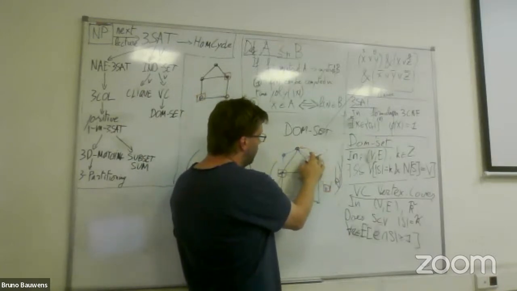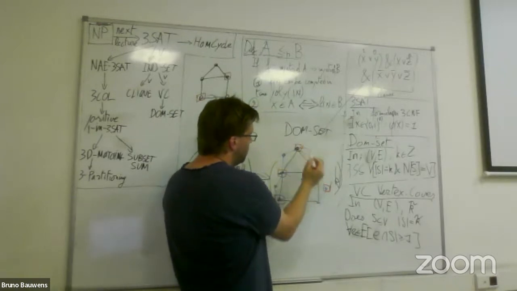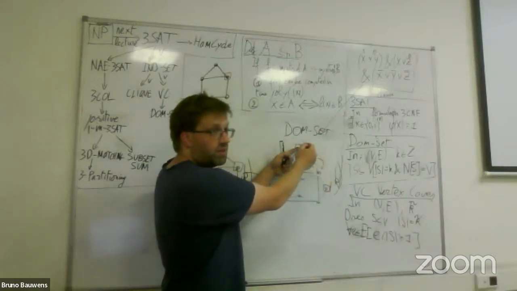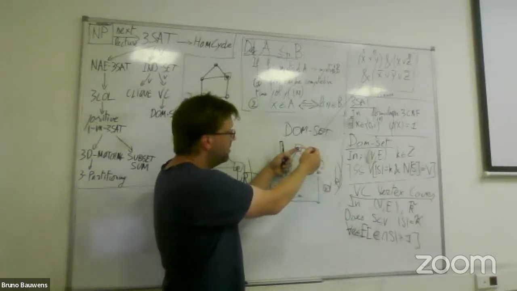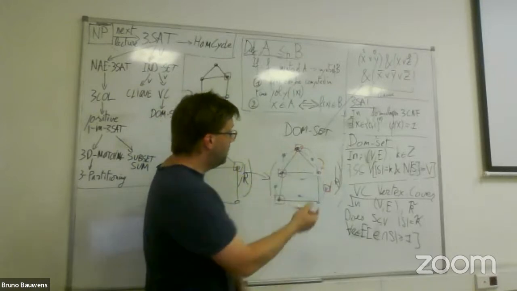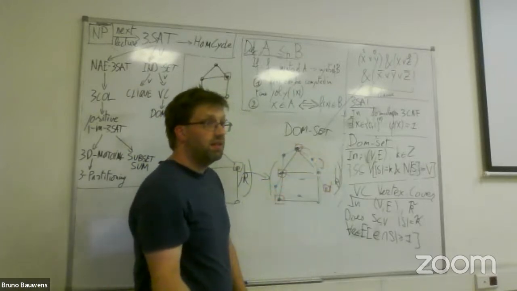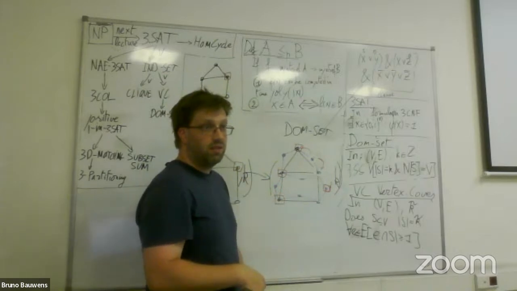If we no longer keep the blue node in the dominating set, but move it here, then this node also covers these two nodes, and of course it covers itself. So that's the plan. Let's just move it to any side, and then the dominating set remains a dominating set.